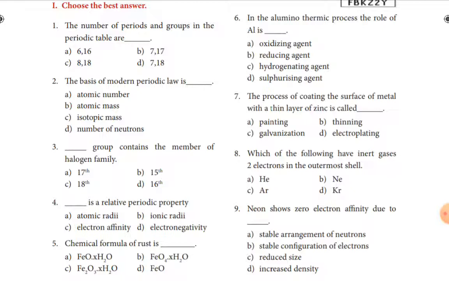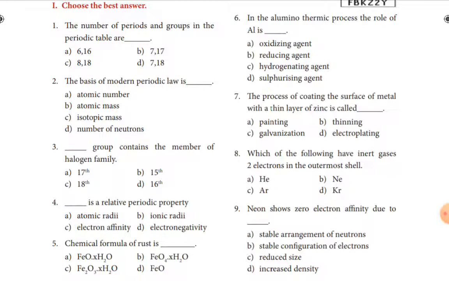That is, first group is alkali metals, second group alkaline earth metals, group 3 to 12 transition metals, 13th group boron family, 14th group carbon family, 15th group nitrogen family, 16th group oxygen family, 17th group is halogen, and the last one, 18th group, is noble gases or inert gases.